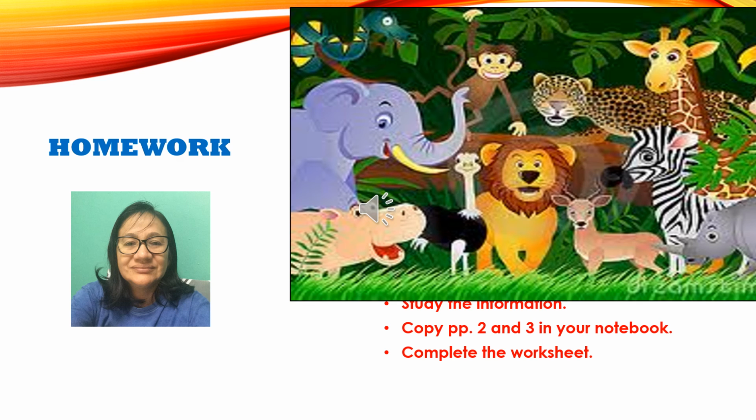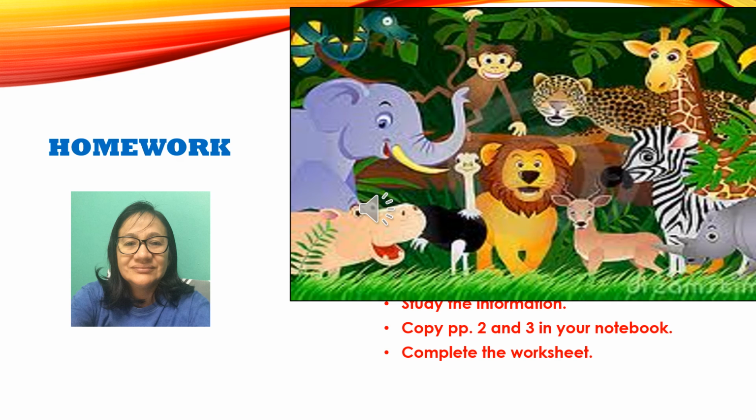The difference between the 2 of them is that biotic factors are living things and abiotic factors are non-living things. Then on the next page, we have some samples of biotic and abiotic factors.